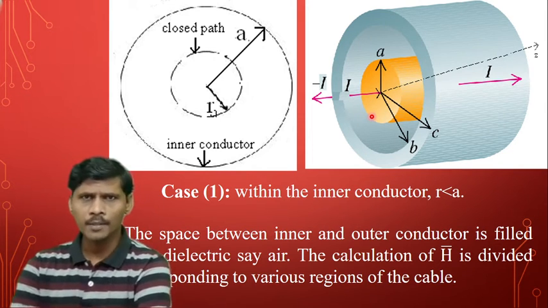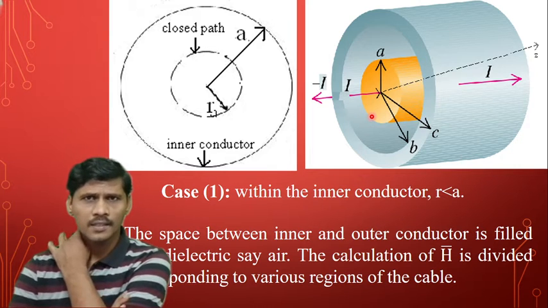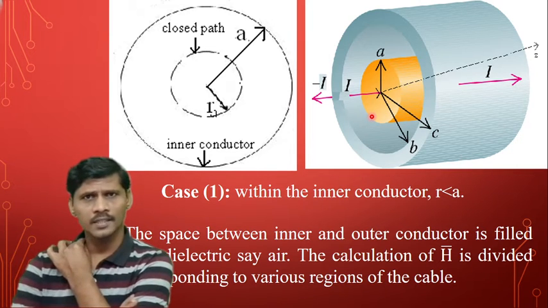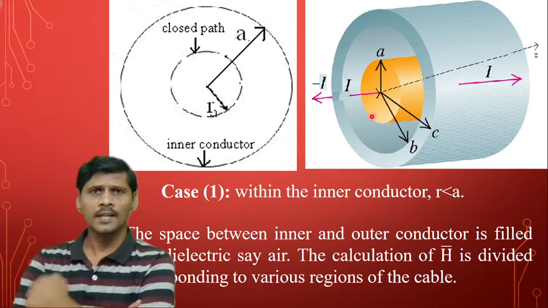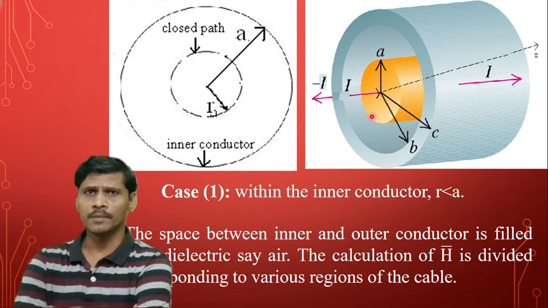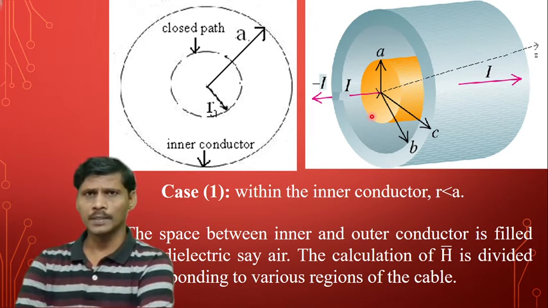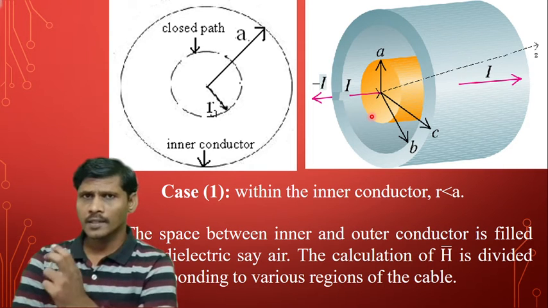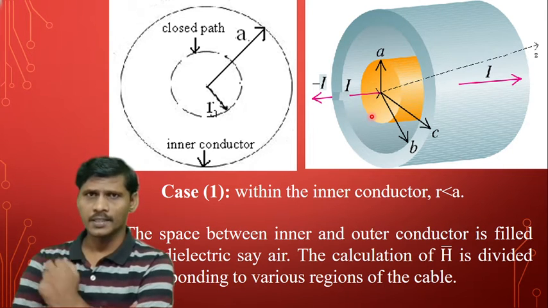Consider the Amperean path inside the inner conductor, that is one case. Consider the Amperean path between the inner conductor and outer conductor, that is the second case.